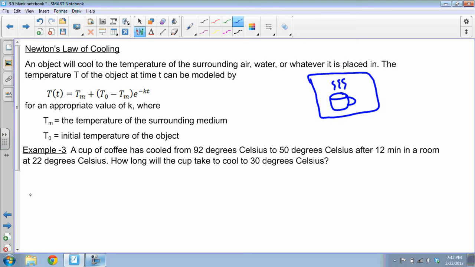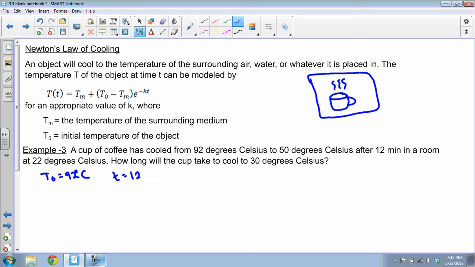So they're giving us an initial scenario, and the coffee was 92 degrees when it started. So T of O is 92. I wrote out degrees Celsius in the problem out of laziness to try to find the degree symbol. 50 degrees Celsius is what it cools to after 12 minutes.